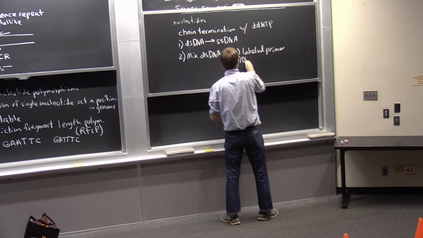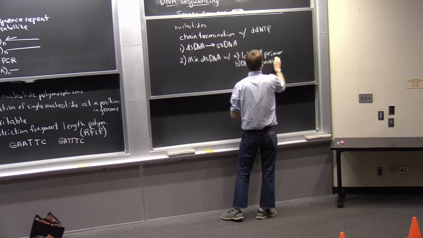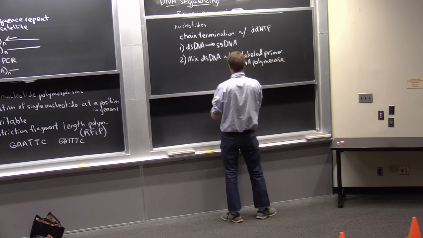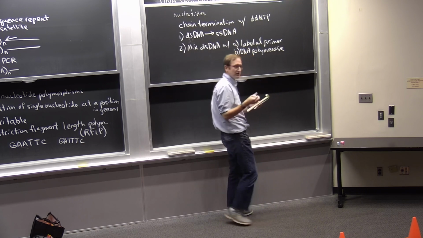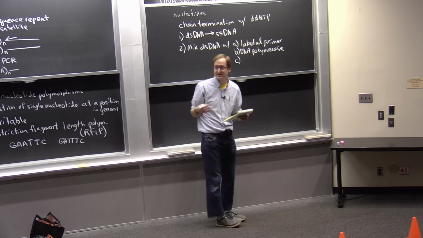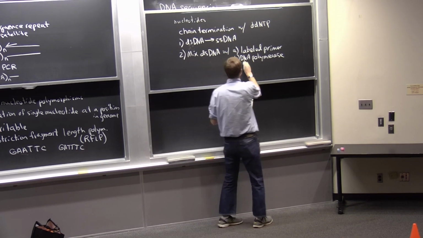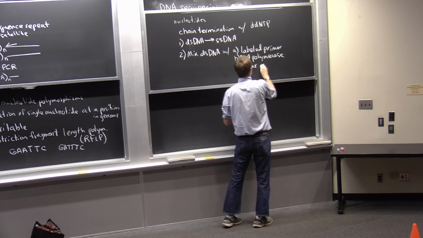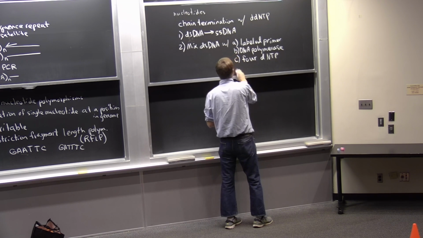You need DNA polymerase, as I've mentioned. And as I believe Rachel mentioned before, you need the building blocks of DNA. So you need the 4 deoxy nucleoside triphosphates. So you always have the 4 deoxy nucleotide triphosphates.